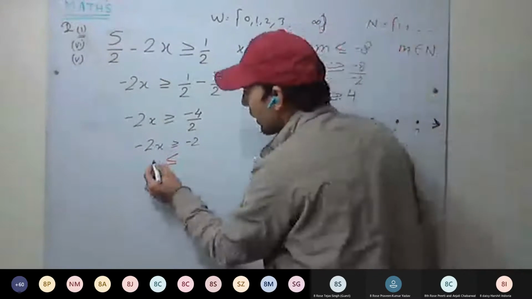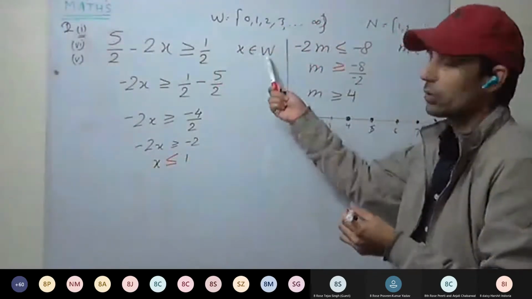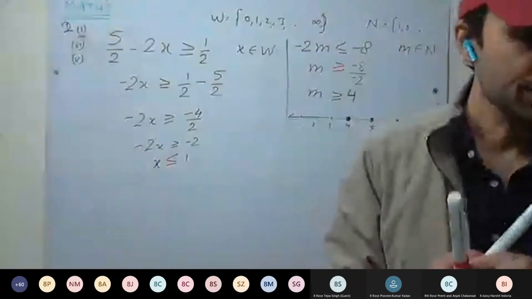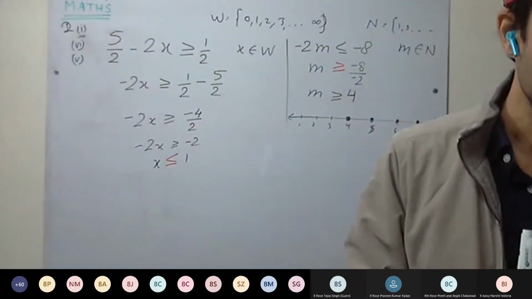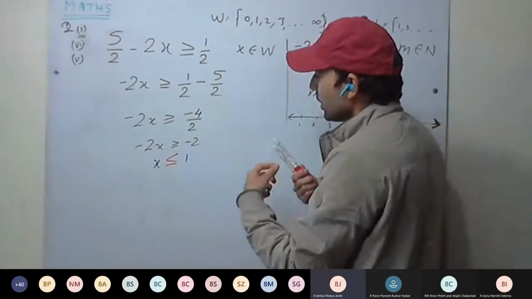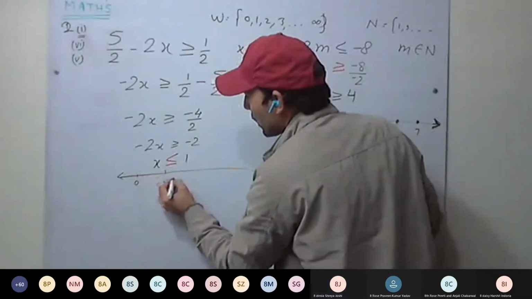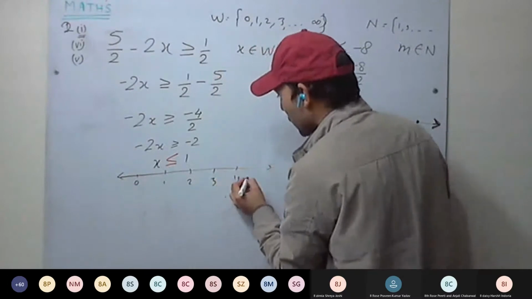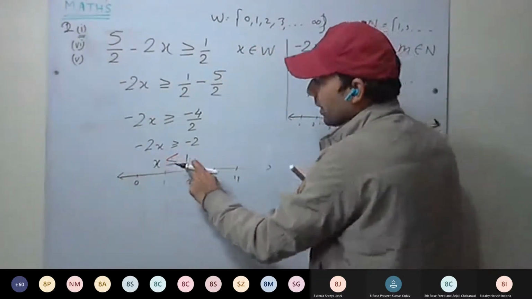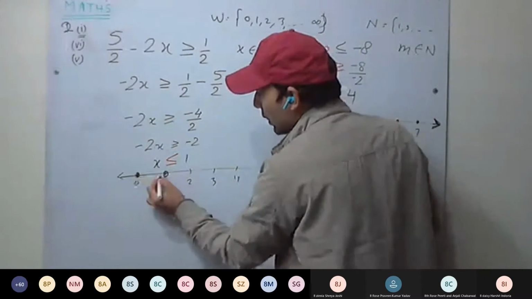Here it will be x less than or equal to 1, and x belongs to whole numbers. So what will be the answer? Which will we circle? 0 and 1. So whole numbers 0, 1, 2, 3, 4. It is less than 1, 0, equal to 1, 0 and 1.